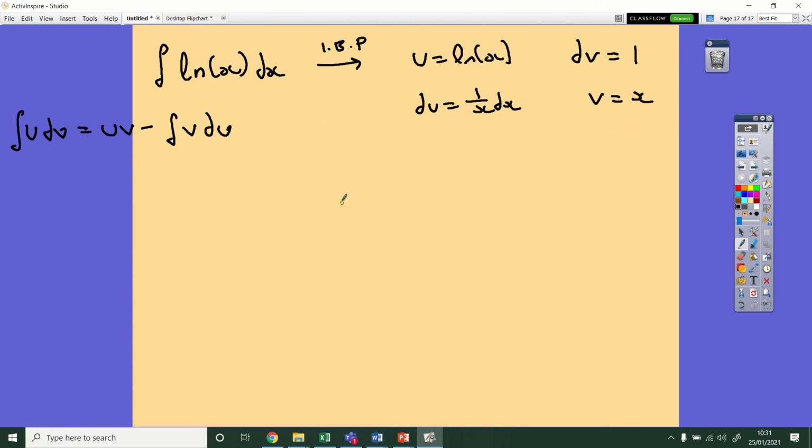Now I'm going to use the integration by parts formula. So again, let's call this I. And that's uv, ln of x times x, minus the integral of x times 1 over x. I'll write it this way, sorry.